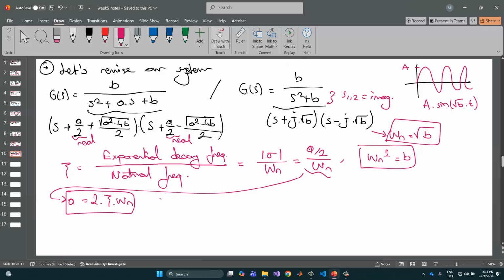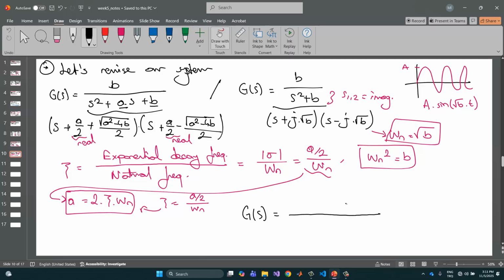Because the equation comes from A divided by 2 Wn equals zeta, and if you reorganize the equation, we will have it. Okay? And therefore, we have the A, we have the B in here.